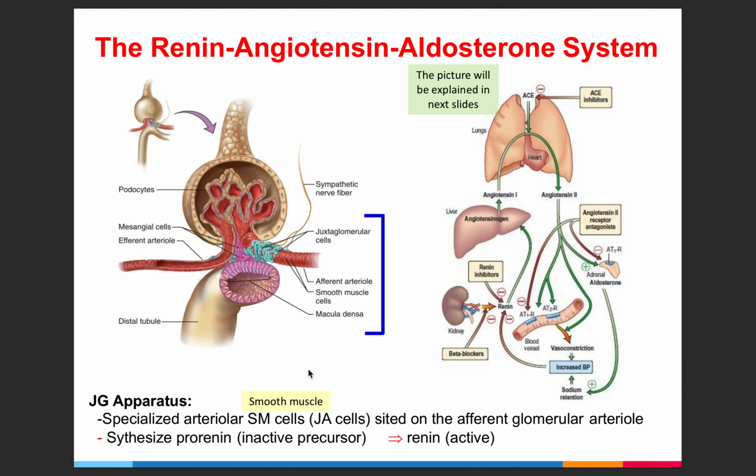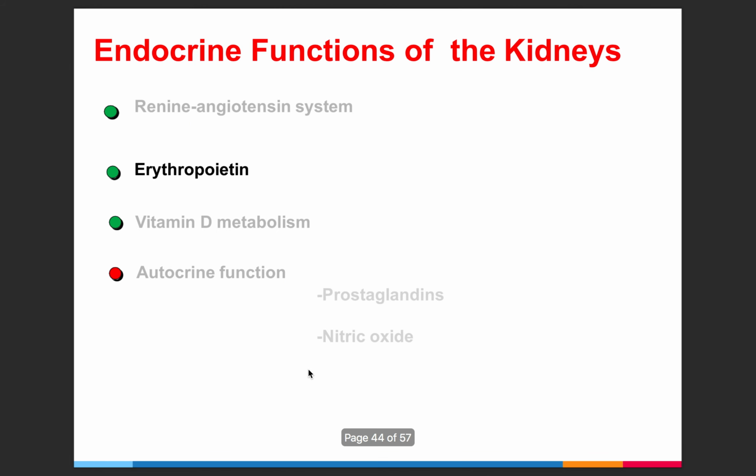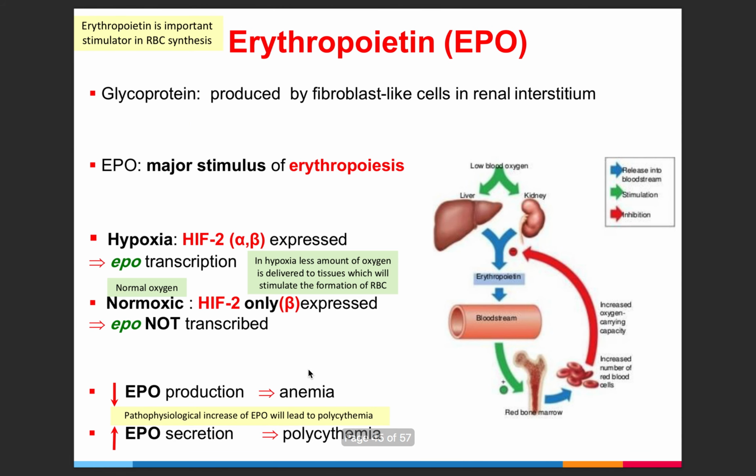So we talked about the angiotensin-renin-aldosterone system. We are not going to talk about it again. Erythropoietin is a major stimulus for erythropoiesis. We have something called hypoxia-induced factor 2, alpha and beta.